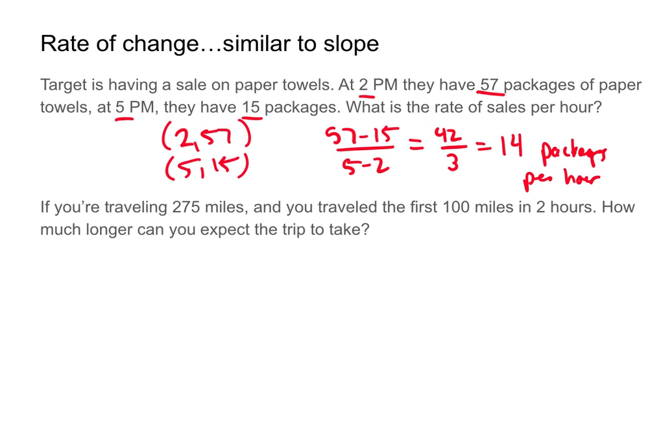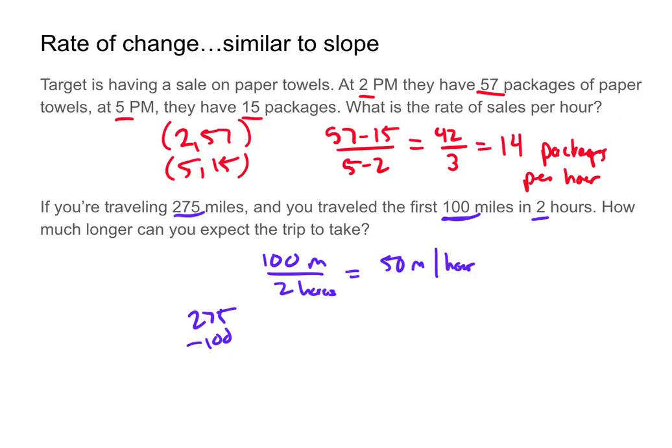So for this second one, you're traveling 275 miles. The first 100 miles took you 2 hours. So I'm going to take 100 miles divided by 2 hours. So that means I'm going 50 miles per hour. If I've already taken 100 miles, that means I've only got 175 miles left.